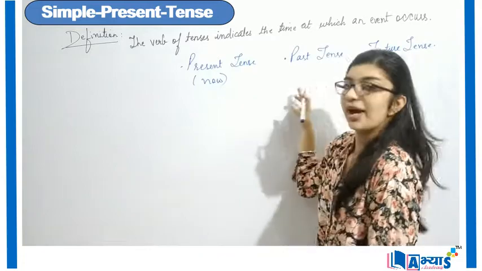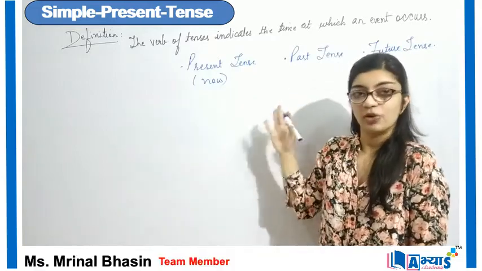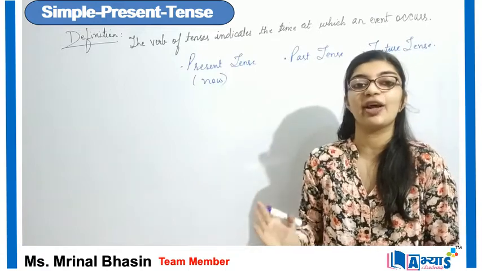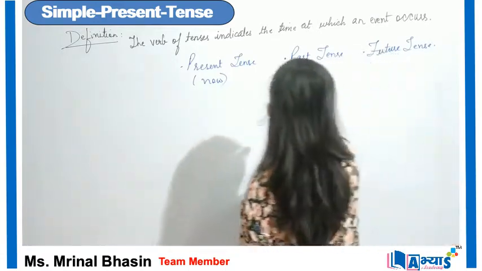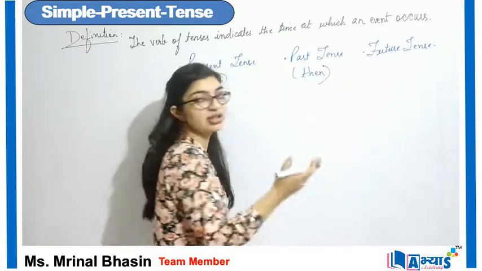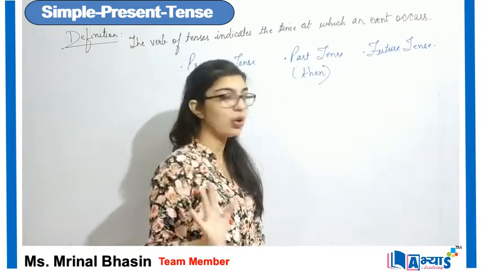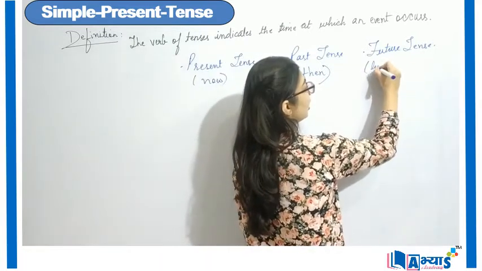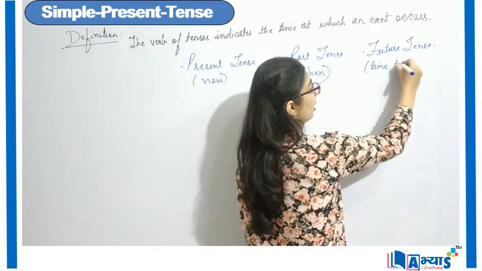Past tense, past is the time which has already gone. It has flown away and it can never come back. So past tense represents the time then. Then is for the time that has already gone. And future tense represents the time to come.